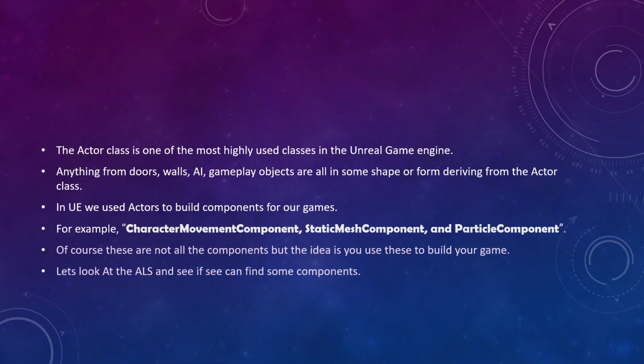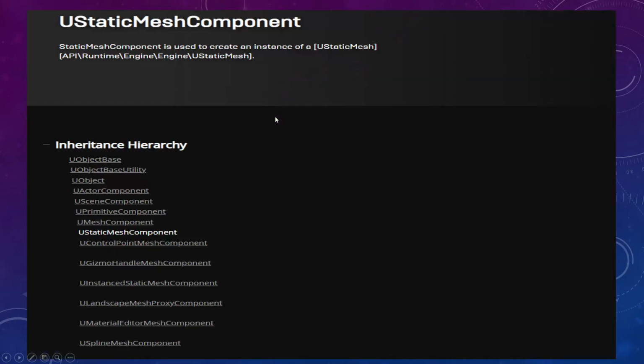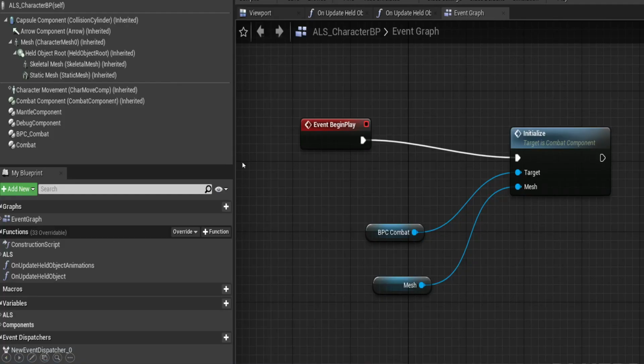So let's look at ALS and see if we can find some components. So what we're going to do is we're going to look at the ALS that I loaded onto my computer. We're going to look at it, and it's right here. Okay, so here it is right here, and as you can see, there are a bunch of components here.